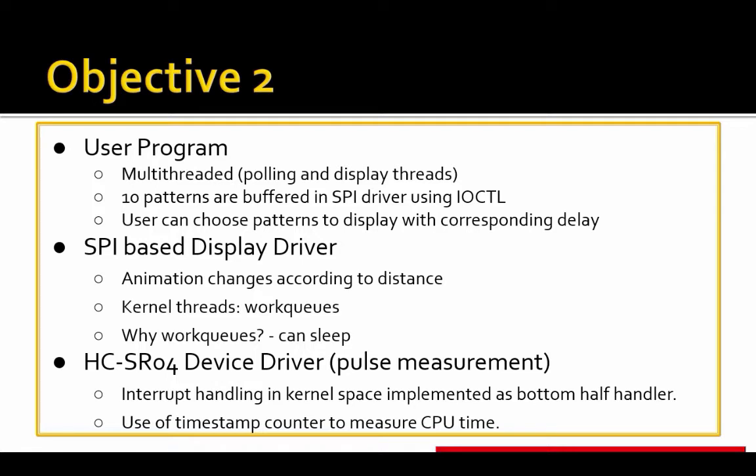For example, if the user gives the sequence 0, 100, 2, 200 and 0, 0, then the zeroth pattern will be displayed with 100 millisecond delay. The second pattern will be displayed with 200 millisecond delay, and once 0, 0 is received, the same sequence will be displayed continuously unless and until the sequence is updated. A sequence with only the 0, 0 command is used to turn off the LED display.